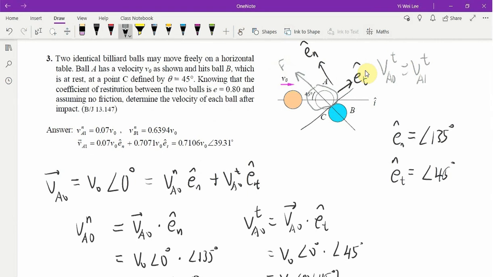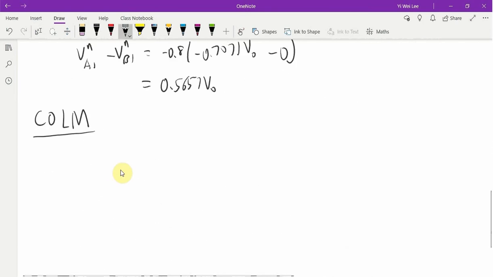This is derived from the momentum conservation equation. If you don't know what I'm trying to say, please take a look at the previous question, where I do the derivation. So from the conservation of linear momentum, the velocity of A before collision, tangential to the collision plane, is equal to the velocity of A after collision, tangential to the collision plane.